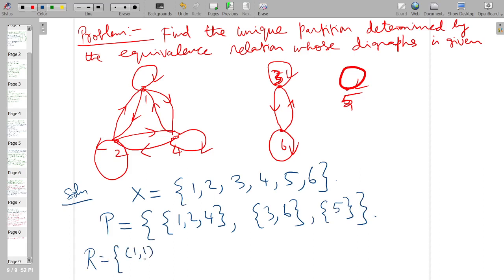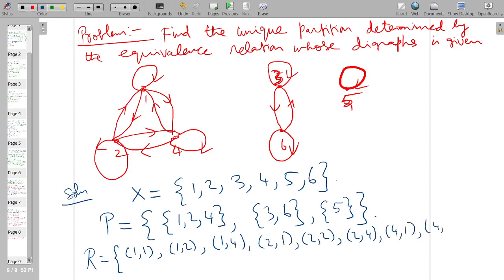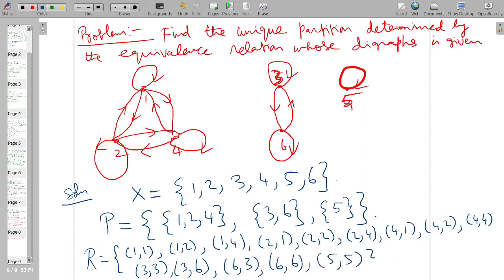Elements are (1,1), (1,2), (1,4), (2,1), (2,2), (2,4), (4,1), (4,2), (4,4). Similarly here (3,3), (3,6), (6,3), (6,6). The last element would be (5,5).